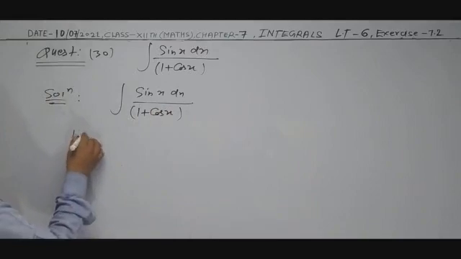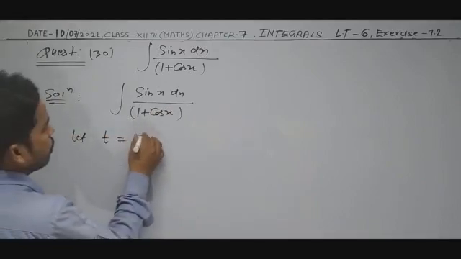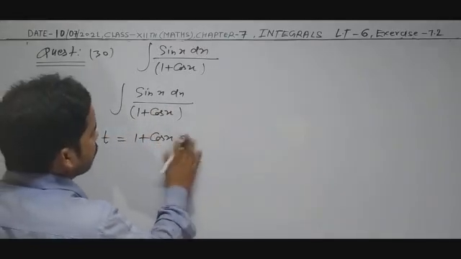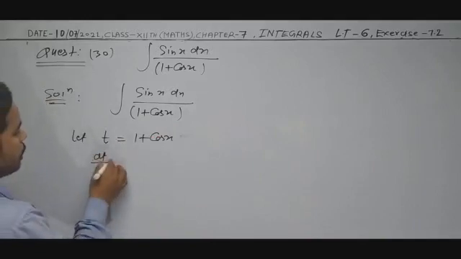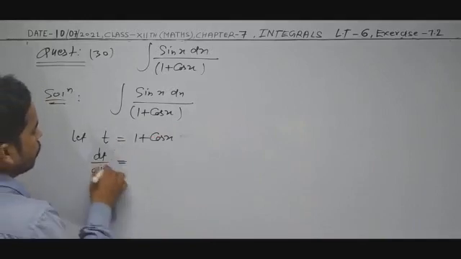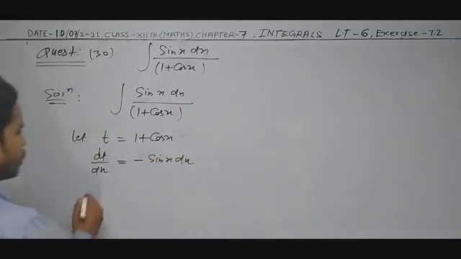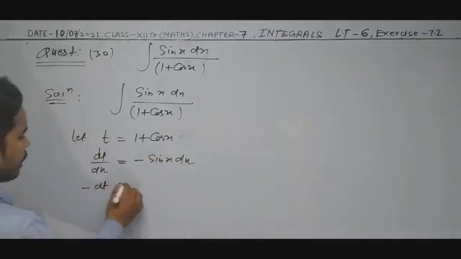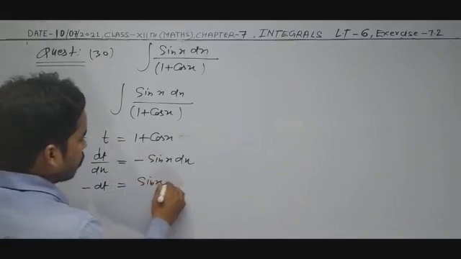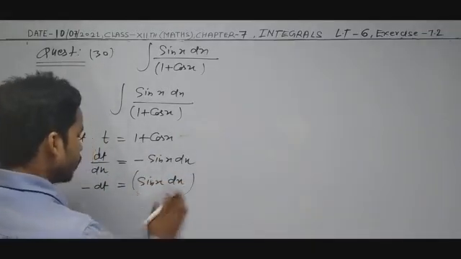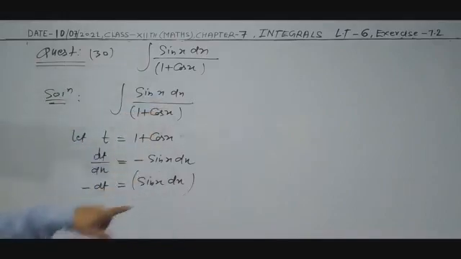So let t equal 1 plus cos x. So now dt by dx will be minus sin x, so minus dt can be written as sin x dx. So now sin x dx you can write as minus dt.